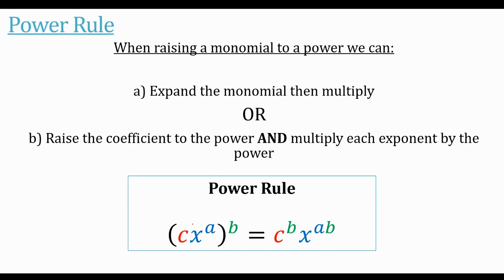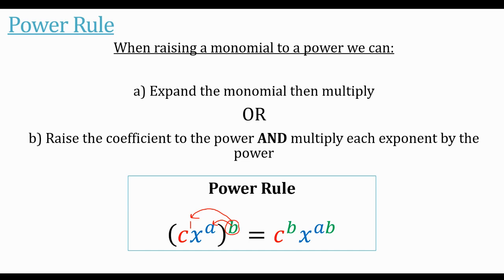So what you can see here is if we have a monomial raised to a power, we're going to take that coefficient and raise it to that power, and then we're going to multiply our exponents. So if this has a little invisible 1, treat it like you're distributing that exponent to those exponents. So this becomes c to the b power and then x to the a times b power.